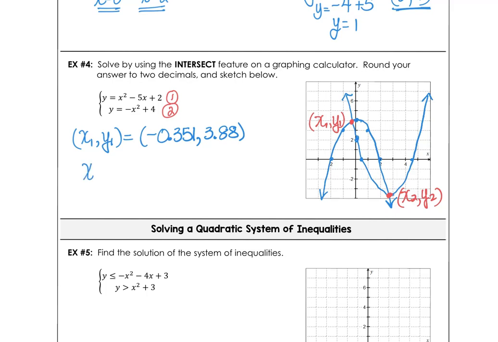Then our second ordered pair, using this intersect feature again, looks to be about 2.85 and negative 4.13. So I'm a little bit off here since that's 4, would be a little below that. But the intersect feature is a great way to find systems of equations coordinates.